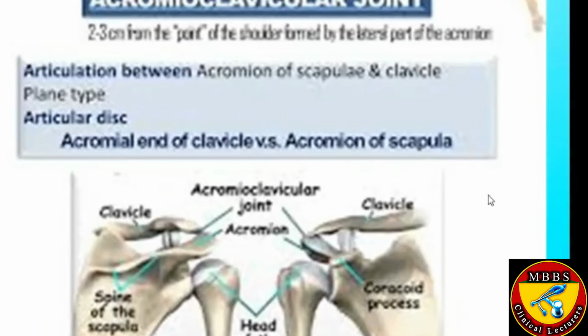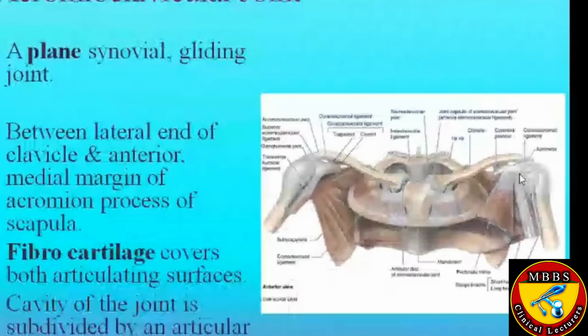Now, we have seen that this is a plane type of joint. It articulates between the acromion process of the scapula and the clavicle, and this is also going to have an articular disc. This joint, if you see here, is simply between the lateral end of the clavicle and the medial margin of the acromion process of the scapula.